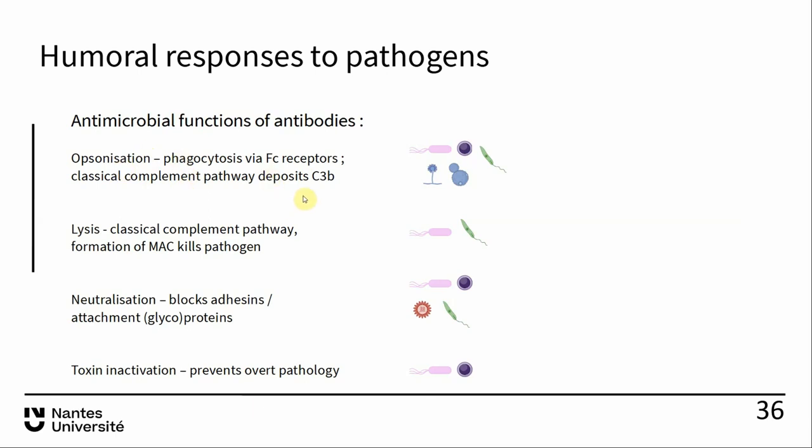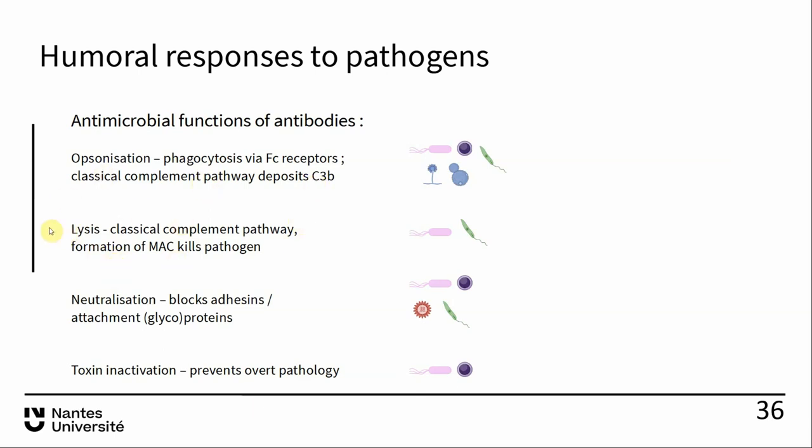Complement deposition, also very important for opsonization. So if you've got C3b on the surface of a bacterium or a parasite, then once again, phagocytes bearing complement receptors can internalize this particle and destroy it.